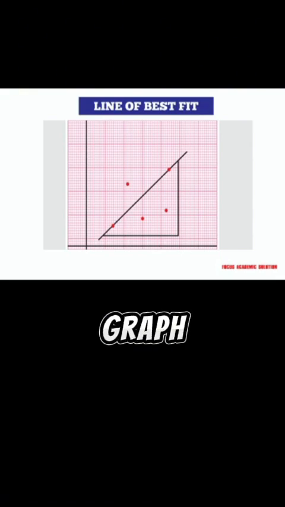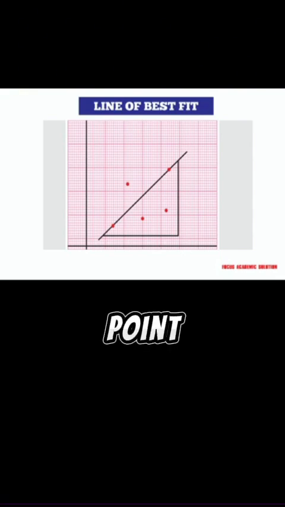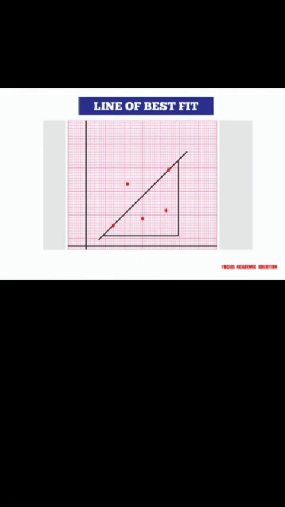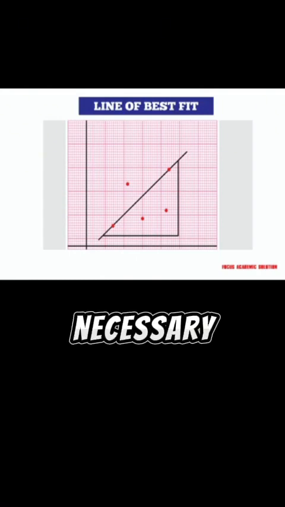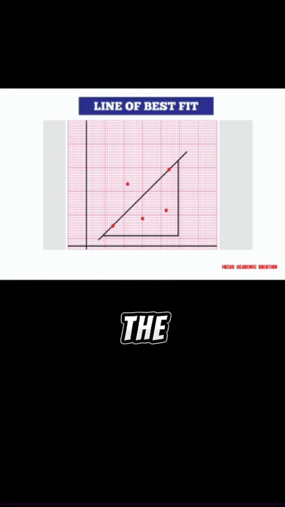In this graph the line only picked 2 points, and we have 1 point above and the other 2 below the line. This is also what we call a line of best fit. It is not necessary that your line picks all the points in the graph, so we can have a line of best fit in different forms, the first one I displayed and the other one we have here.